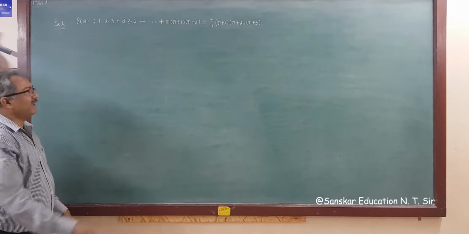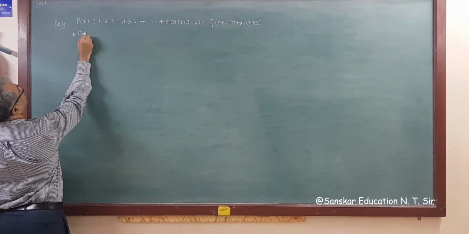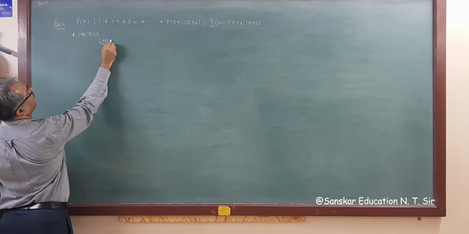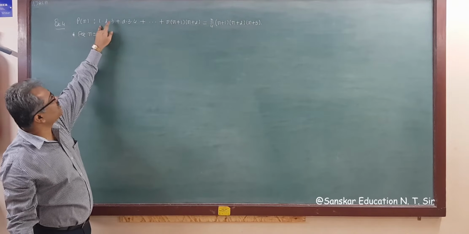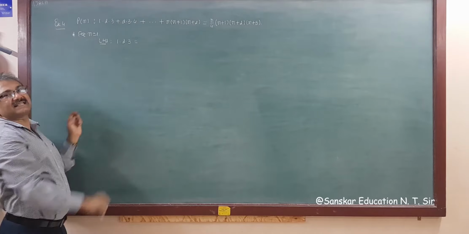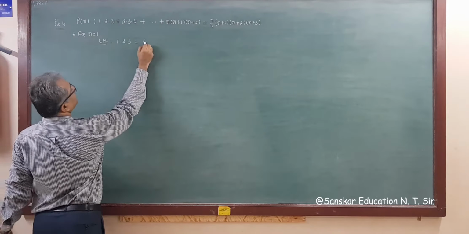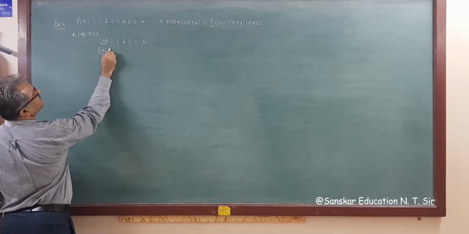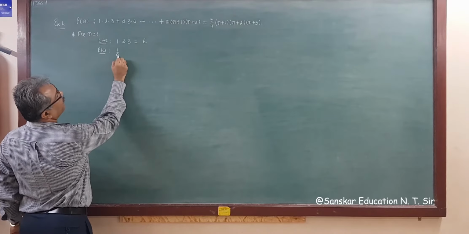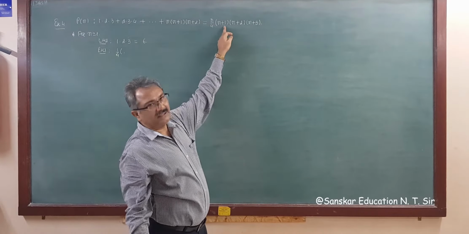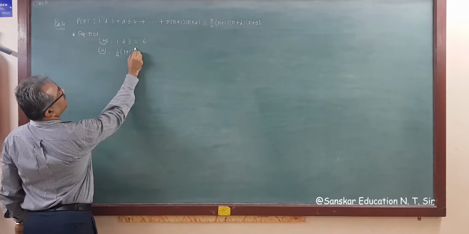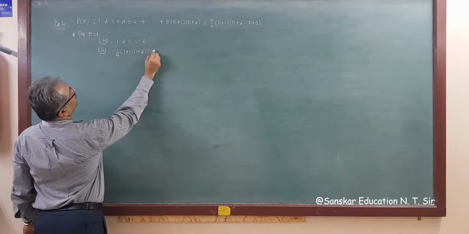As usual, taking n equal to 1. So for n equal to 1, left hand side: the first term is 1 into 2 into 3. So 1 into 2 into 3 is 3 into 2, 6, into 1, that is 6. And the right hand side, substitute n equal to 1 here. So this is 1 upon 4, 1 plus 1, 1 plus 2, 1 plus 3.